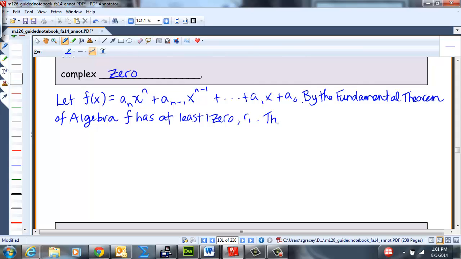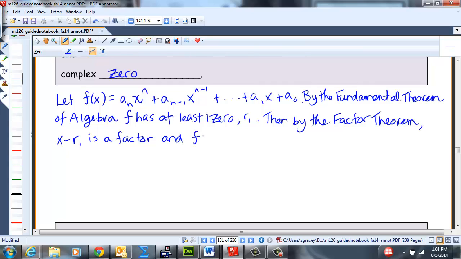Then, by the factor theorem that we learned previously, x minus r1 is a factor. And we could rewrite f of x as some first quotient in x times x minus r1.